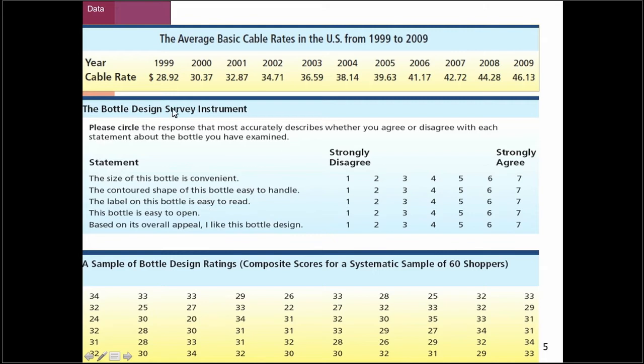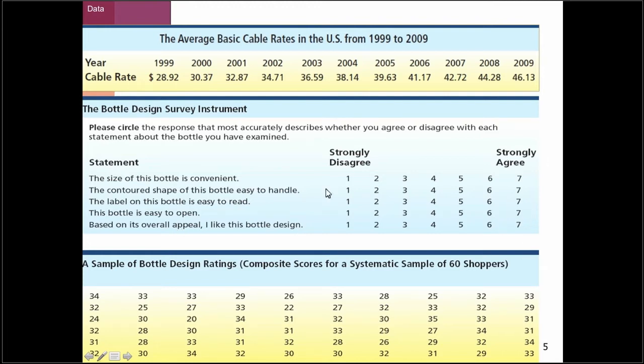The second data case is about a survey collected from customers about their opinion of a new bottle design. You can also see detailed information about this case in your book. They gave those people a form to select their opinion, whether they strongly disagree with every statement on the left side, or strongly agree.